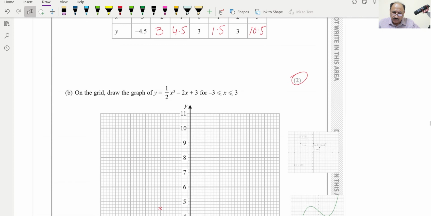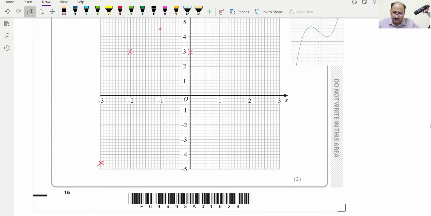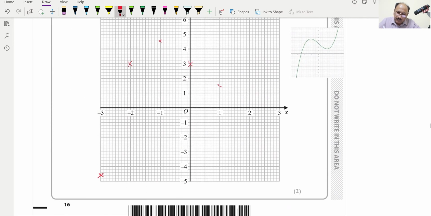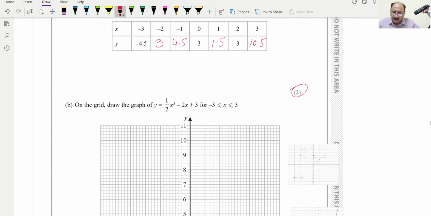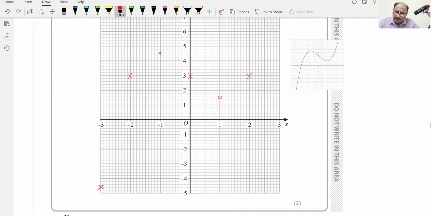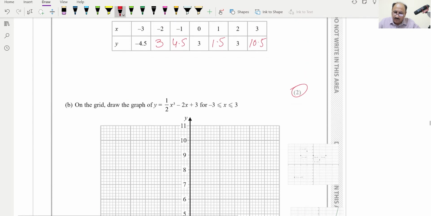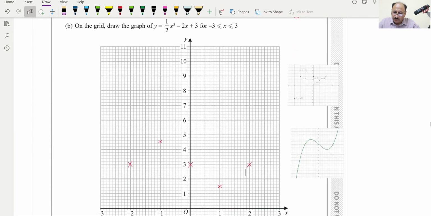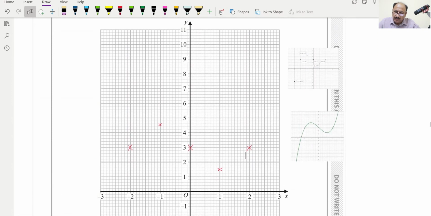Next comes 1 and 1.5, which will be over here, and next is 2 and 3, which will be this mark, and for 3, 10.5 will be this mark.